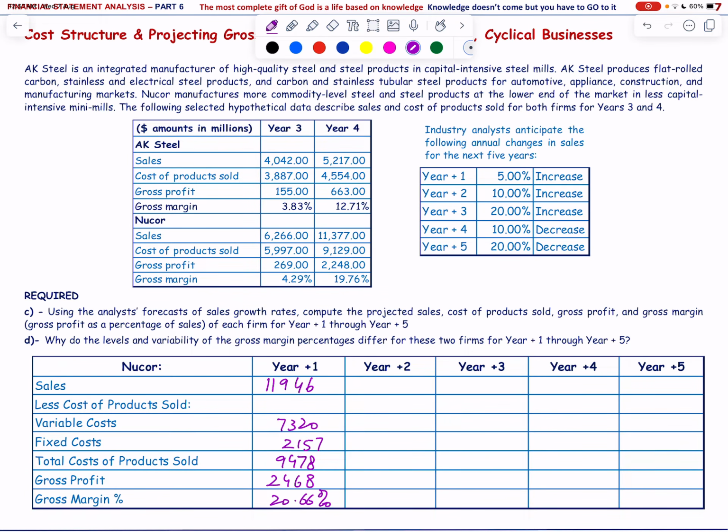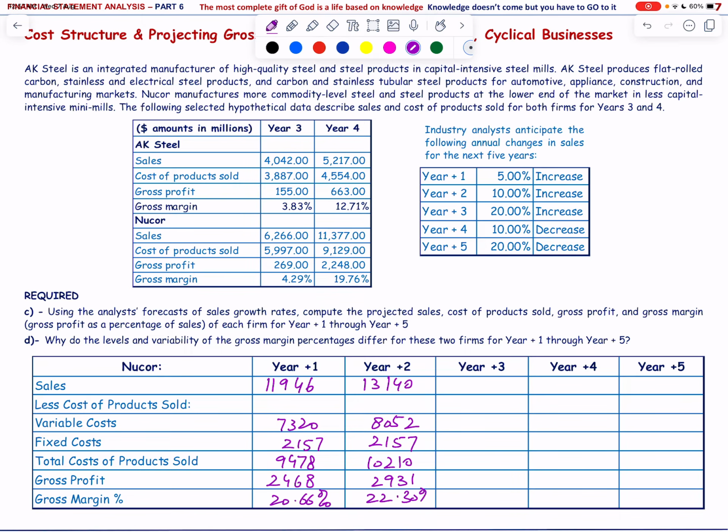This will be 13,140, 8052, 2157, 10,210, 2931, and this is 22.30%.